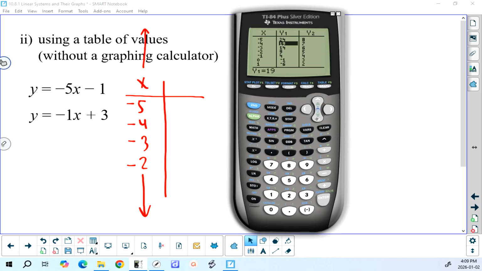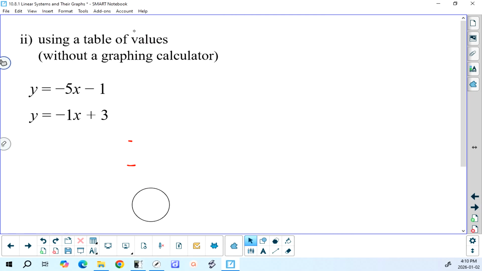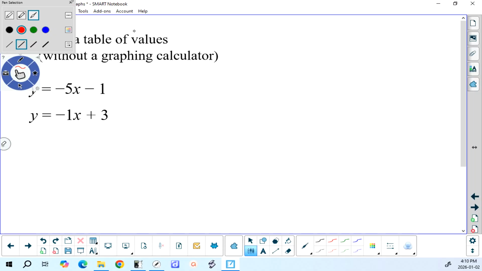They're not the same when x equals negative 4. They're not the same here. They're not the same here. But they are the same when x equals negative 1. And that was the solution that we got when we solved it graphically. We happened to see that they were equal at negative 1, and the y coordinate there happened to be 4.